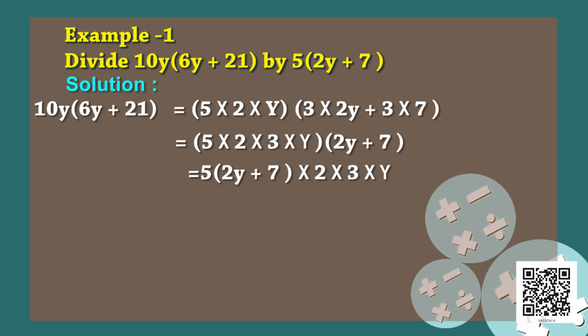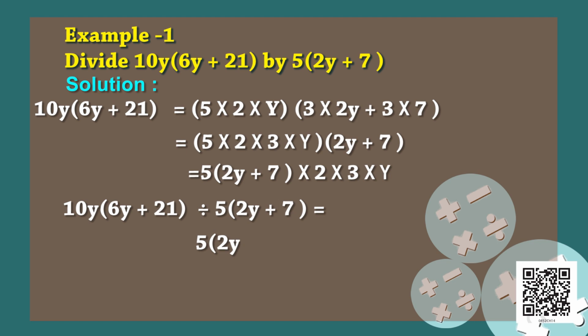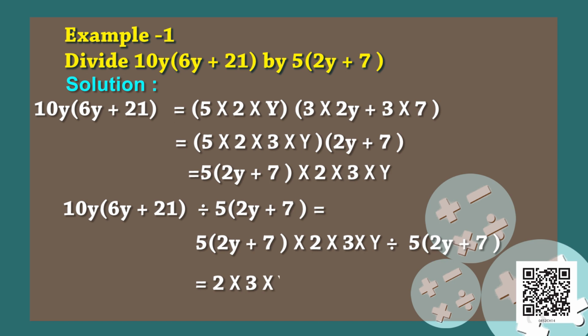Hence, we can write it as 10y into (6y plus 21) divided by 5 into (2y plus 7) is equal to 5 into (2y plus 7) into 2 into 3 into y divided by 5 into (2y plus 7). Hence, by cancelling the common term 5 into (2y plus 7), we have 2 into 3 into y. Therefore, it is equal to 6y.